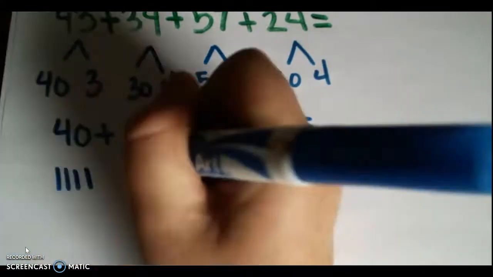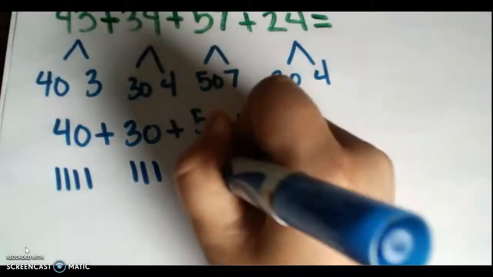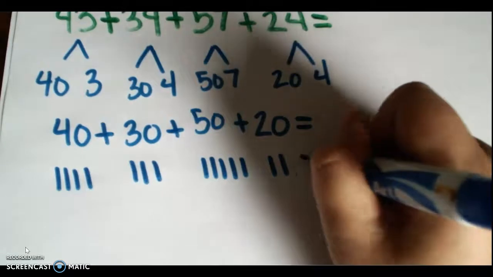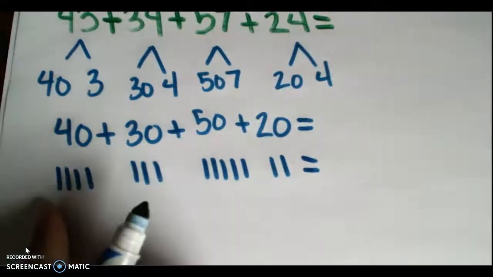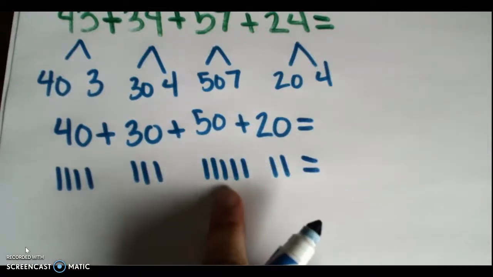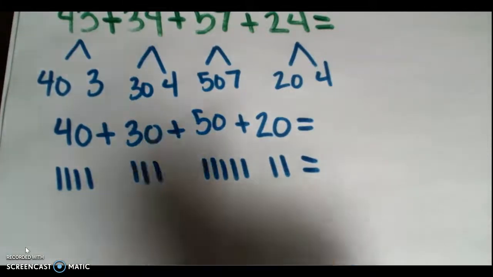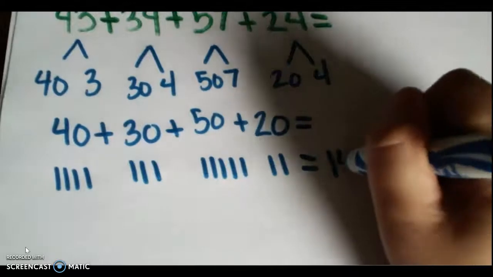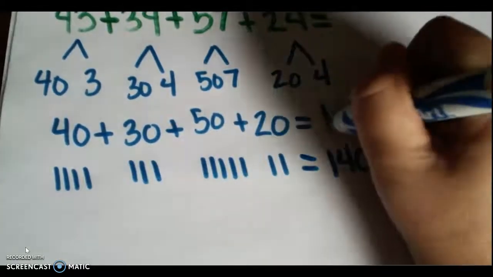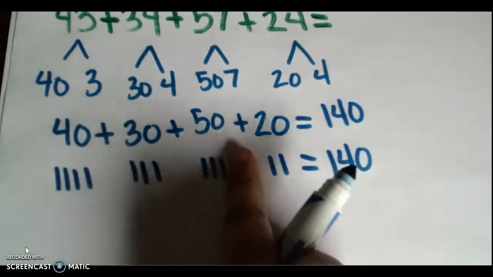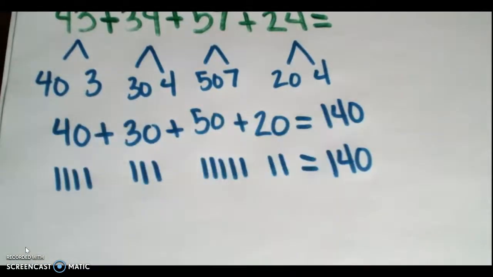I have 4 tens, 3 tens, 5 tens, and 2 tens. Altogether, I have 1, 2, 3, 4, 5, 6, 7, 8, 9, 10, 11, 12, 13, 14 tens. Now I know that 14 tens is the same as 140. So 40 plus 30 plus 50 plus 20 equals 140.